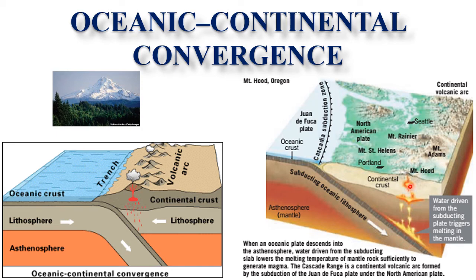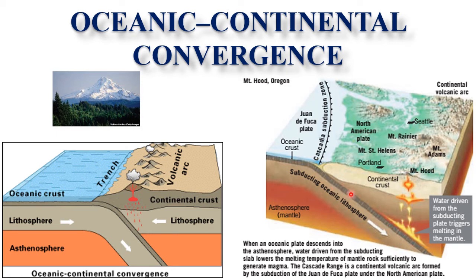This magma assimilates with the overriding plate, and there is formation of the volcanic chain, as we can see over here. When the oceanic plate descends into the asthenosphere, water is driven from the subducting slab that lowers the melting temperature of rock sufficiently to generate magma.